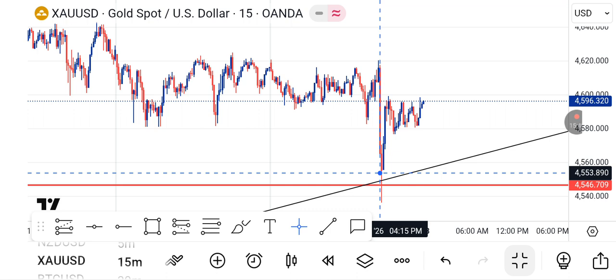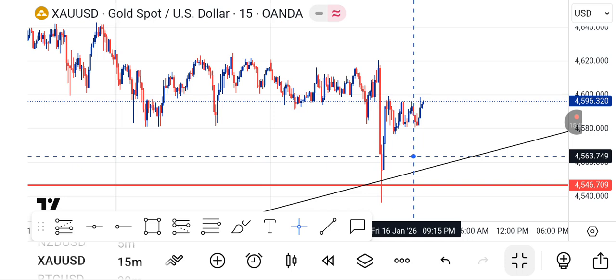So before I go for a buy or a sell in the market, there are things I look out for. I don't just, because I did my analysis and I'm waiting for the market to come to my key area, tell myself that this is a 100% strategy and the market cannot invalidate it.